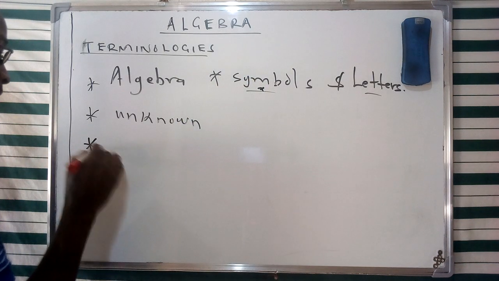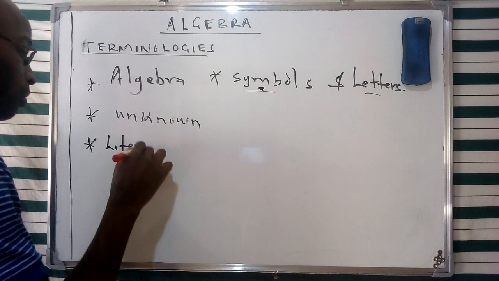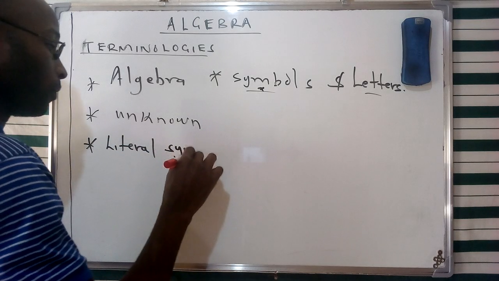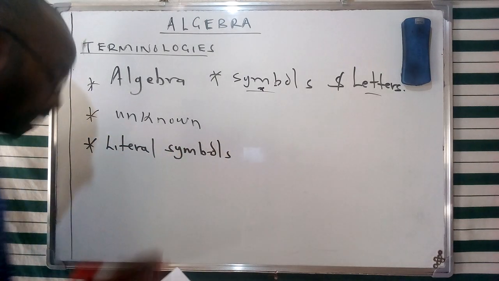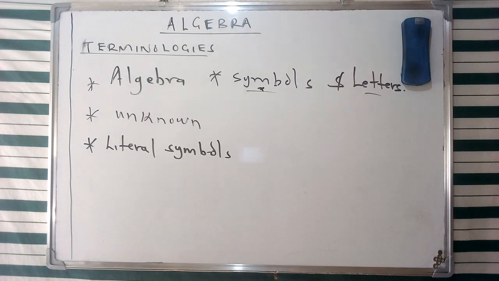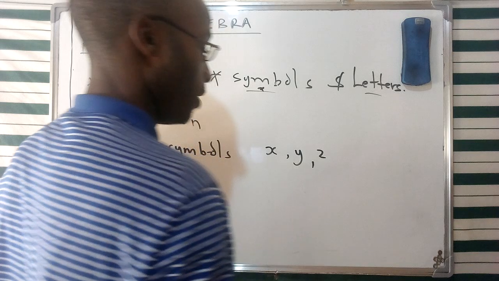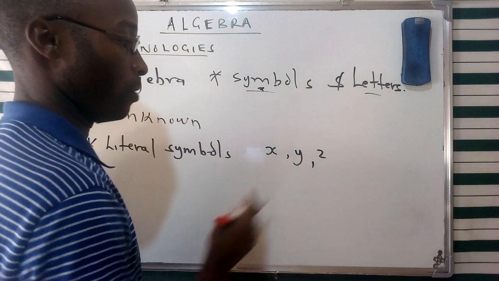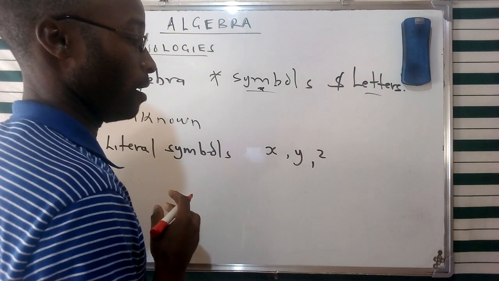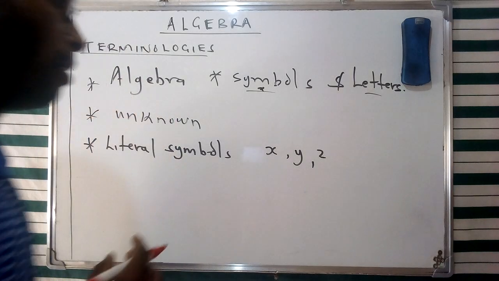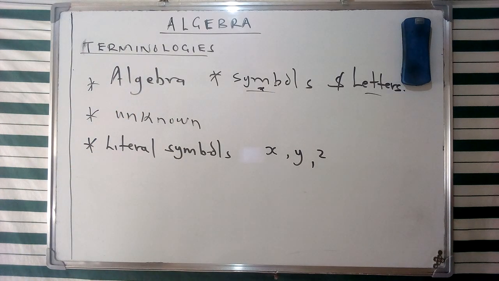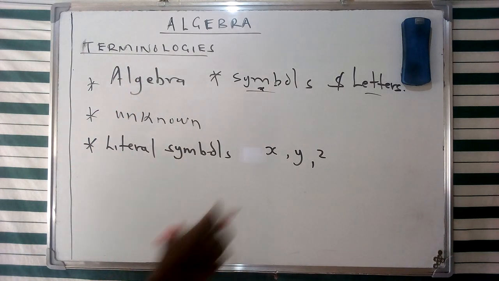So in algebra, we are going to come across what we refer to as literal symbols. The literal symbols are going to constitute letters such as X, Y, Z. Now, in the study of coordinate systems, we have been using these specific letters to represent real numbers. And of course, these real numbers are going to be unknown.